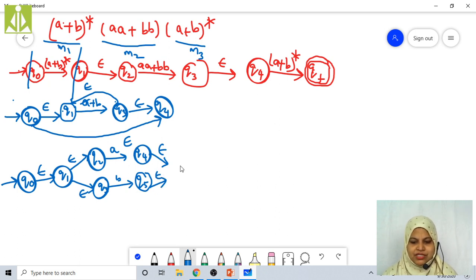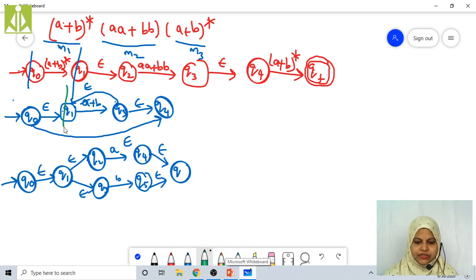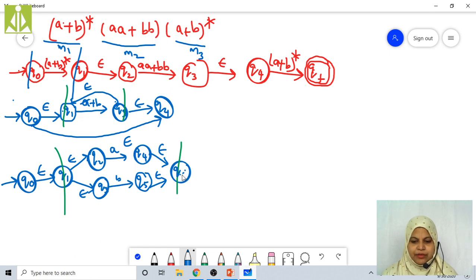Next is Q6. From these two, this is the case. This is Q6. So this is A plus B.